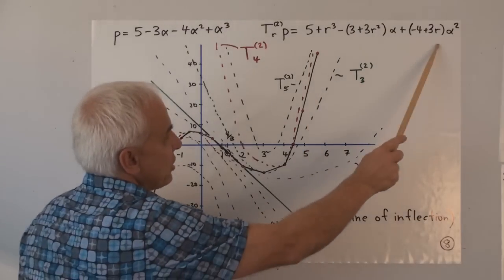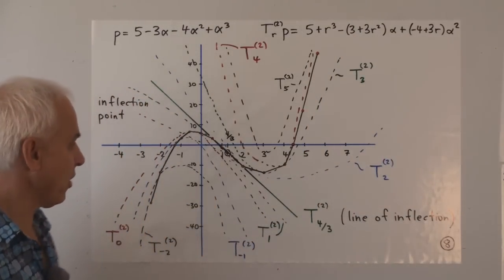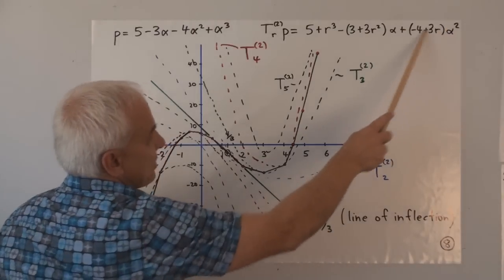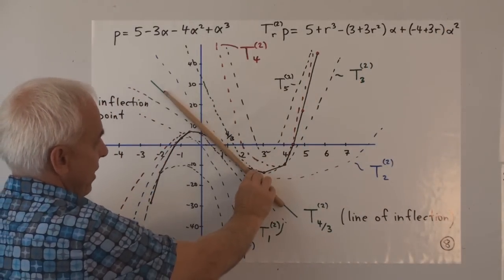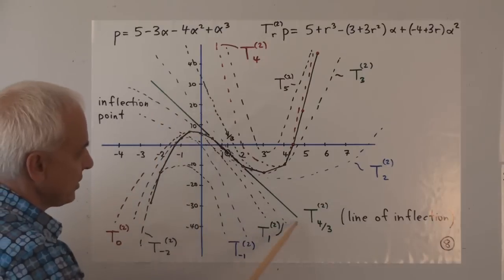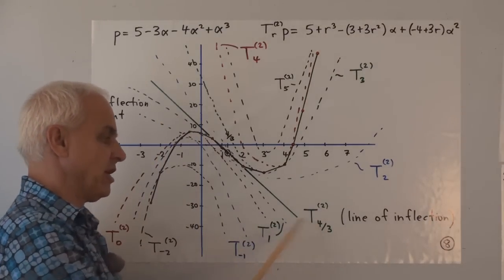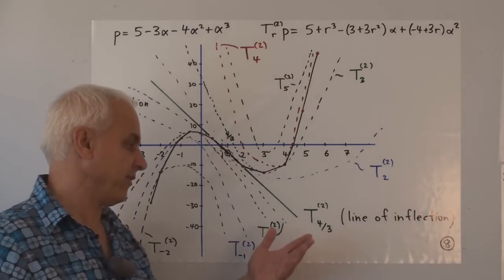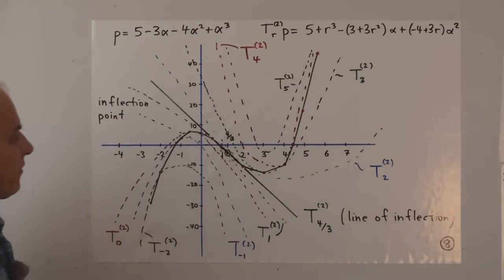So at which point the tangent conic becomes a degree 1 curve instead of being a degree 2 curve. So it means that for that particular value of r, this gives a line, and it's in fact that line there in green. So that's the tangent conic at 4/3, or the second tangent at 4/3. It's not really a conic, it's a sort of a degenerate conic. This is sort of a line of inflection of the curve.